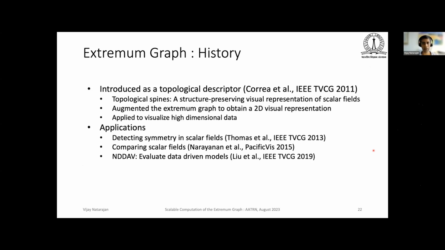Whatever dimensionality reduction technique. The Extremum Graph or Mapper, for example, would be great ways to present that higher dimensional data to understand the data.